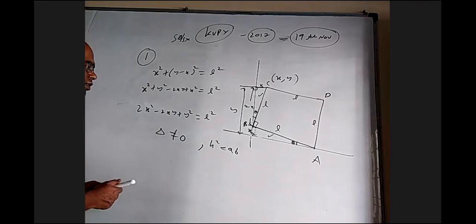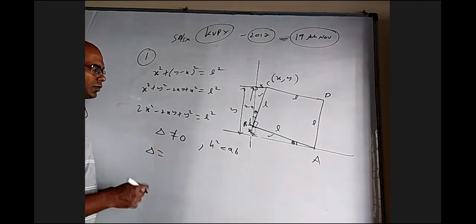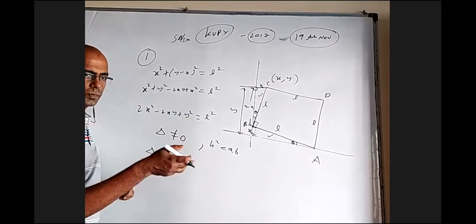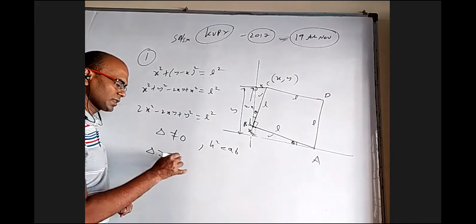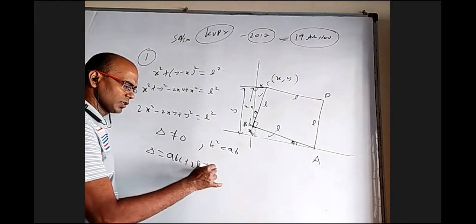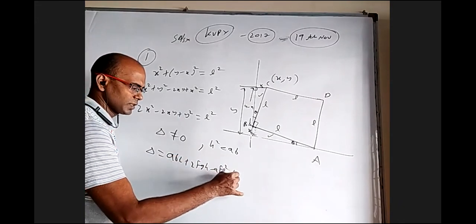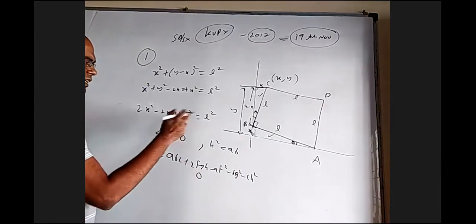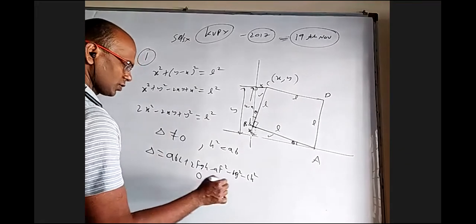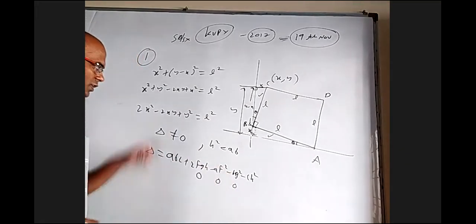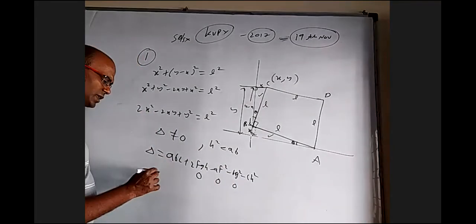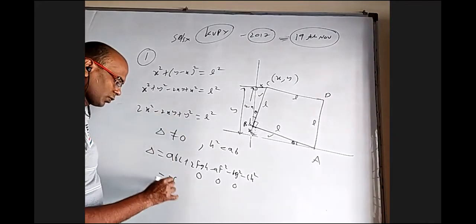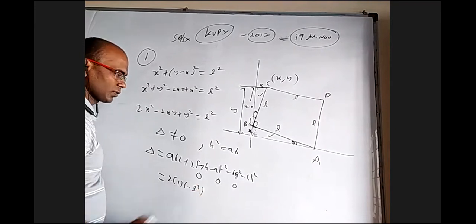Delta not equal to 0, how can we tell here? The x term is missing, the y term is missing, meaning g and f are 0. So the formula is abc plus 2fgh minus af squared minus bg squared minus ch squared. But 2fgh is 0 because f and g are 0, and af squared and bg squared are also 0. What about abc? a is 2, b is 1, c is minus L squared, so 2 into 1 into minus L squared.